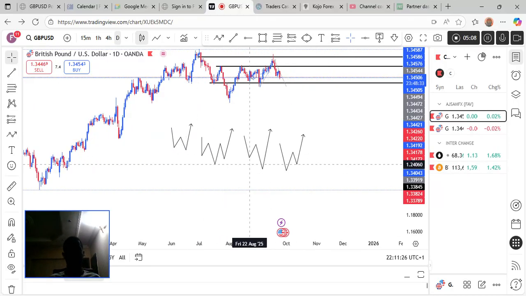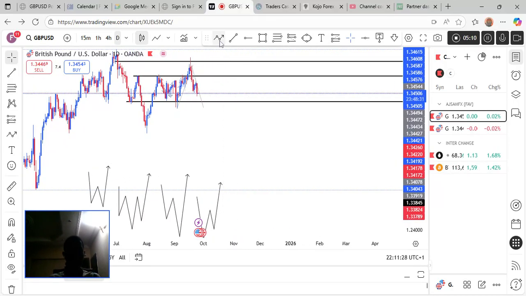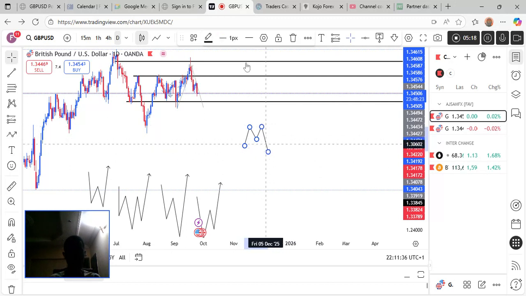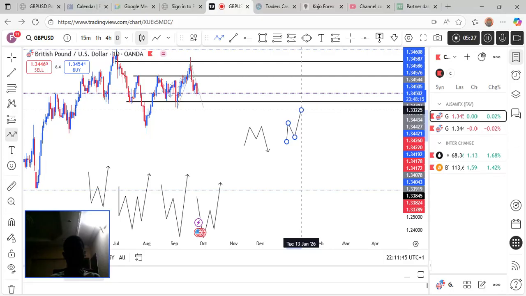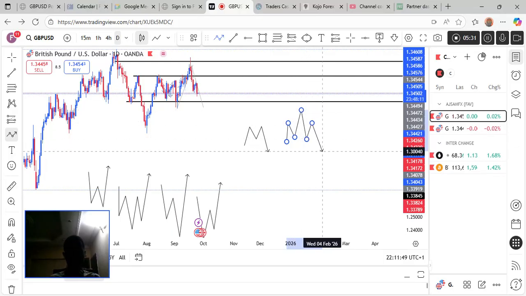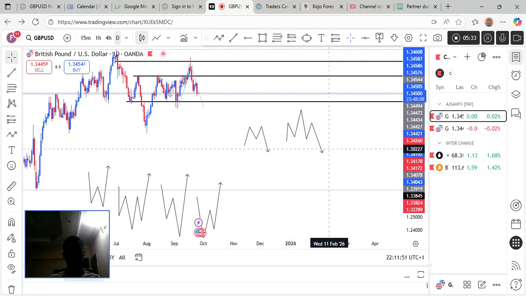And as well for a downtrend, it is just a reversal, which is equal tops like this, equal tops like this. And you also want to focus on the head and shoulder pattern, which is the inverse of the inverse head and shoulder. Yeah, you want to focus on patterns like this.